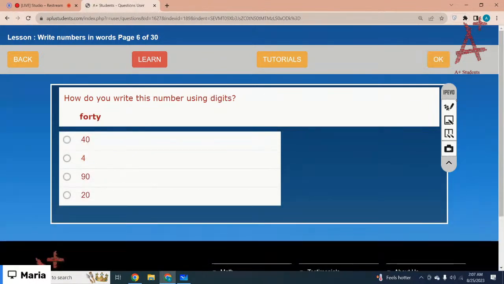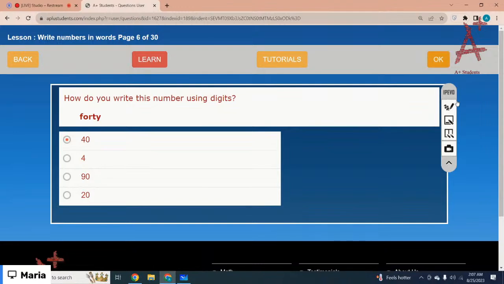How do you write the number using digits? 40. How do you write 40? You can write it like this: 4 and 0.